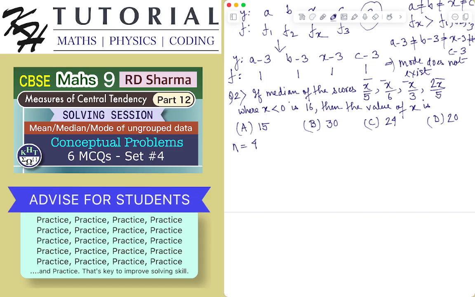Even number of observations. So definitely, first we have to sort the numbers in either ascending or descending order. I will try to sort these 4 numbers in ascending order, keeping in mind that x is less than 0.